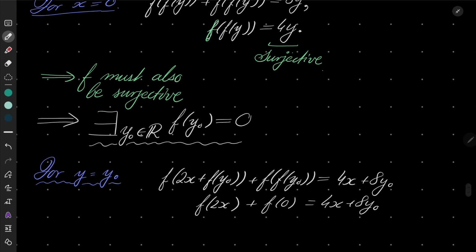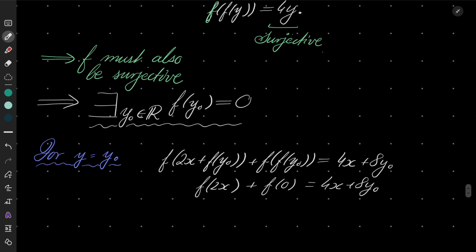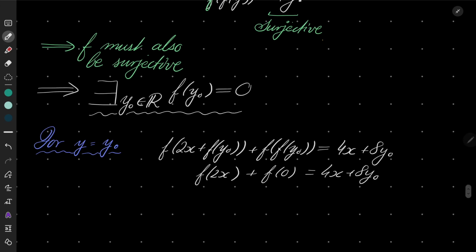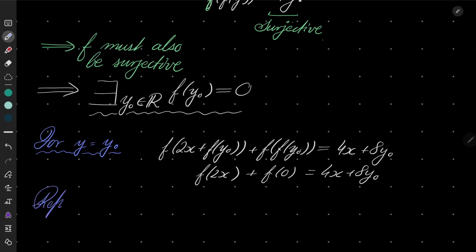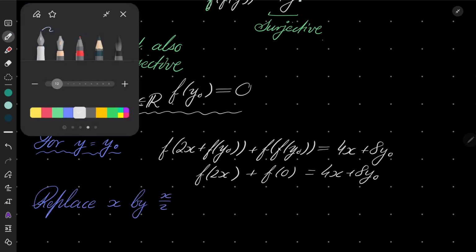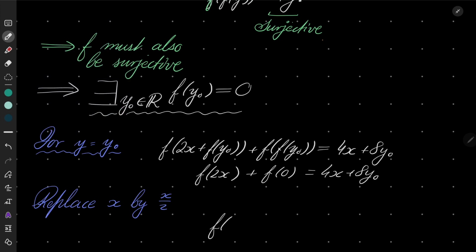Okay, very well. And now, what can we do? Oh yeah, now let's replace x by x over 2, and we get the following: f of x equals 2 times x plus 8 y sub 0 minus f of 0.